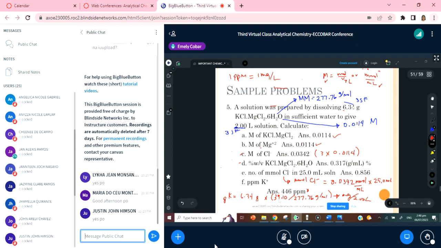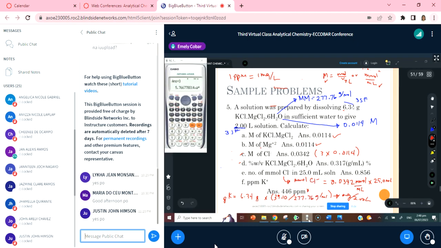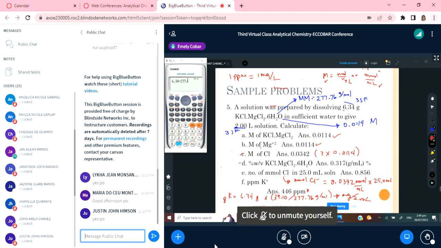So, calculator. 6.34 grams. Nakikita yan, 6.34 grams. Divide natin ang molar mass. Divided by molar mass. 277.76.